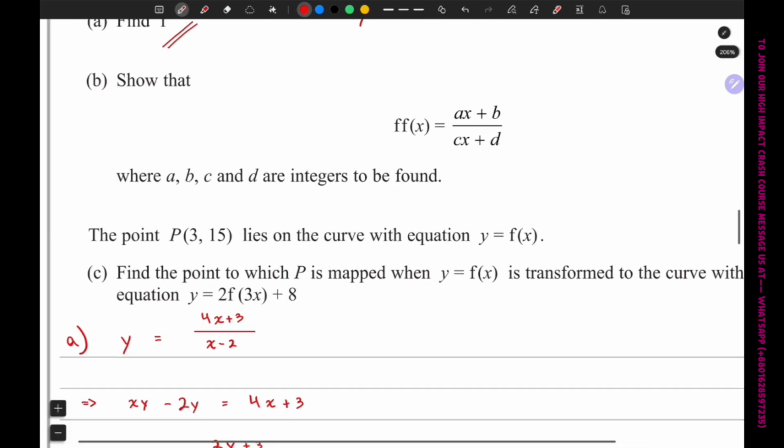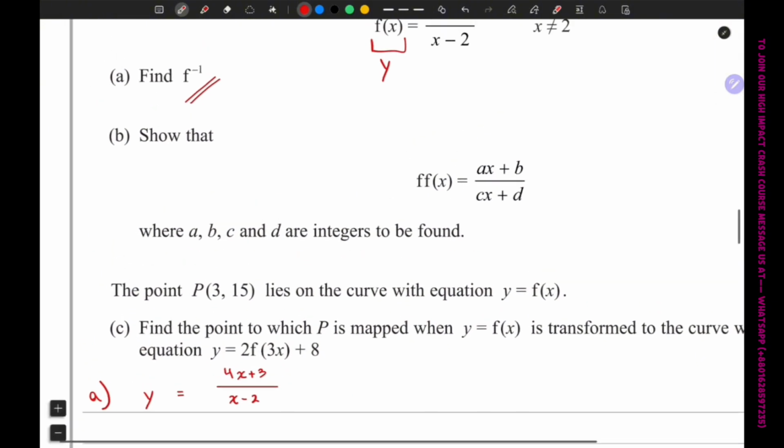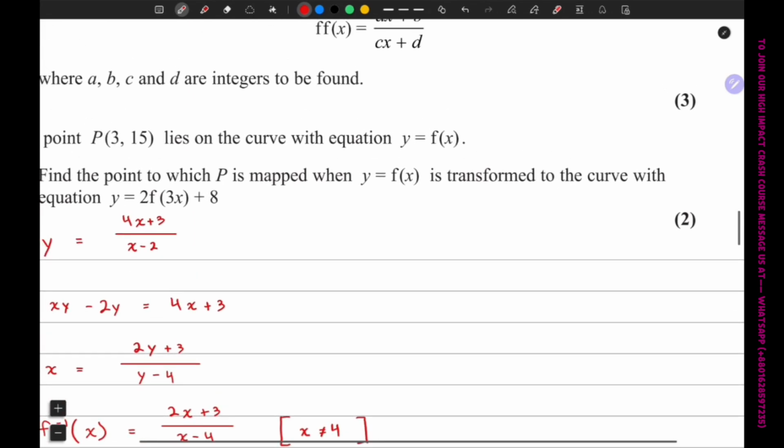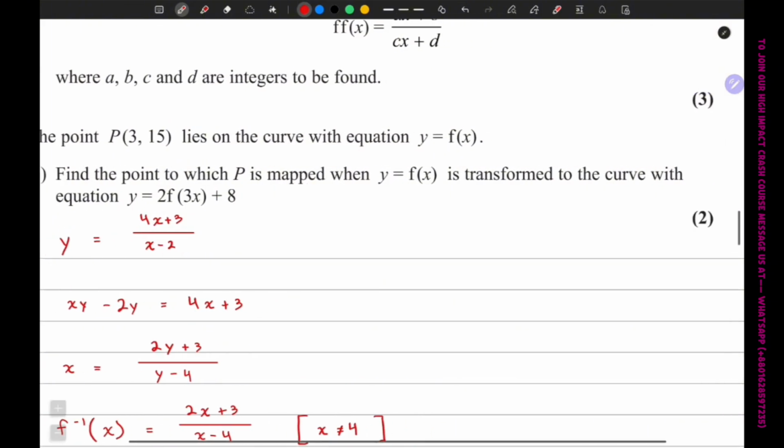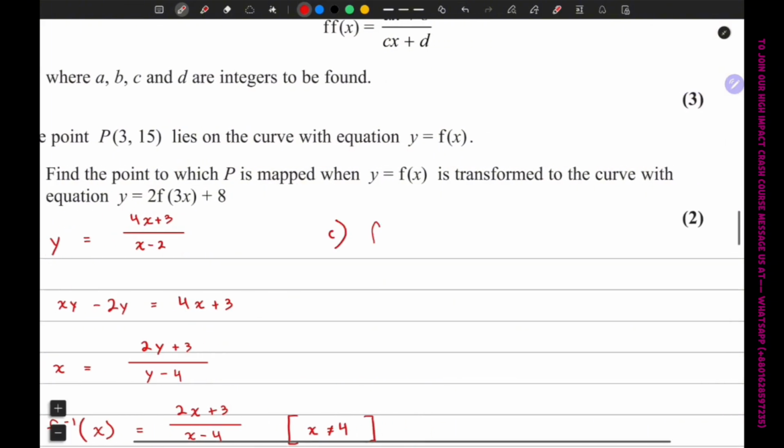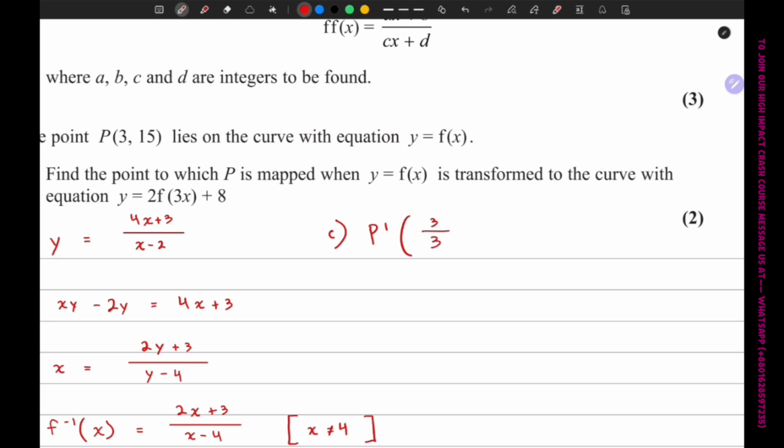So if you all saw that video, you must be clear about what they're talking about in this part. So 3x actually means that the x coordinates are divided by 3. Let's say that the new coordinate of point P is P prime. So the x coordinates are divided by 3, right?